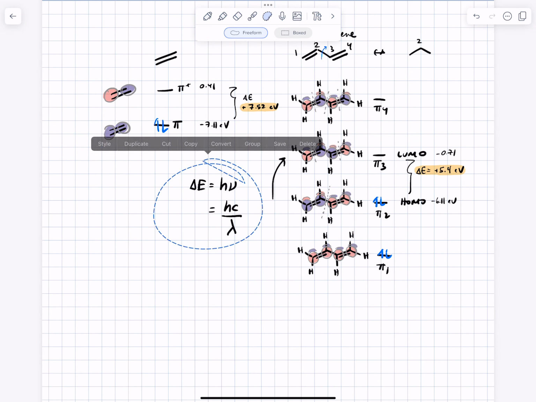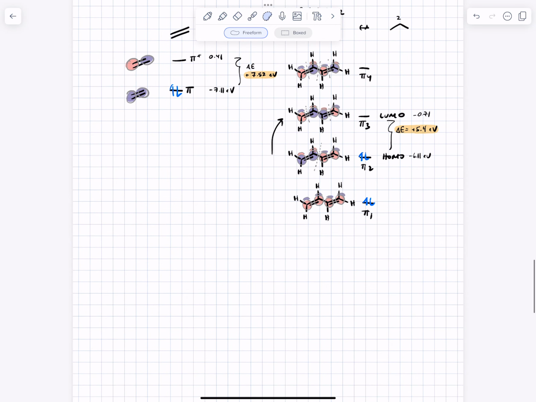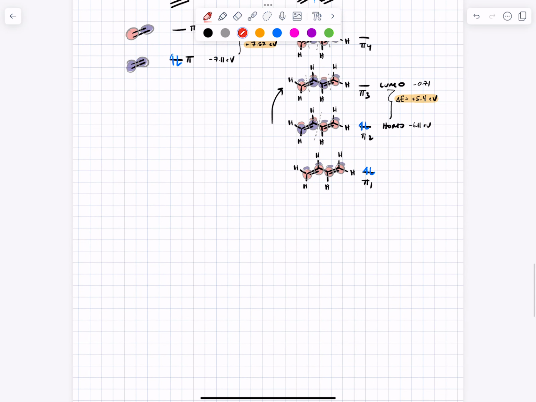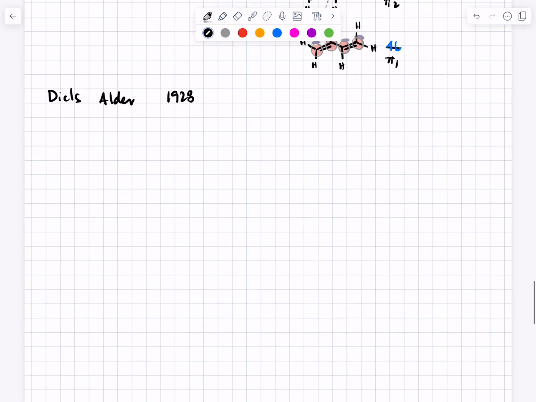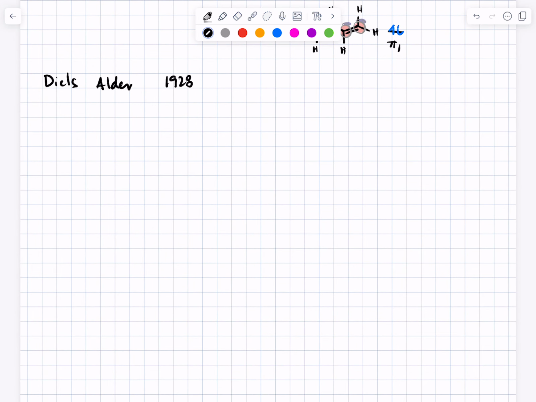What can we erase here? It's good. So the reaction that I'm going to show you was discovered by German chemists Otto Diels and Kurt Alder. And in 1928, that may have been the date of the Nobel Prize, maybe not the date of the discovery of the reaction.